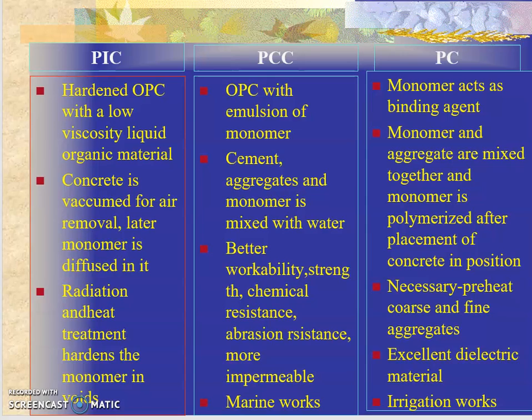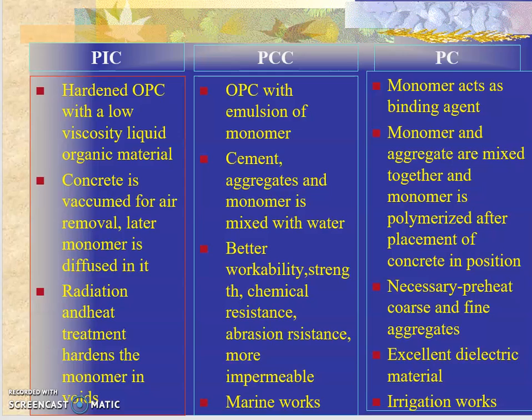Now, this can be acrylic, it can be vinyl chloride, it can be styrene, it can be chlorostyrene. These are different materials available. There is a wide range of materials available. Then you keep it till the entire voids are saturated with this particular monomer.